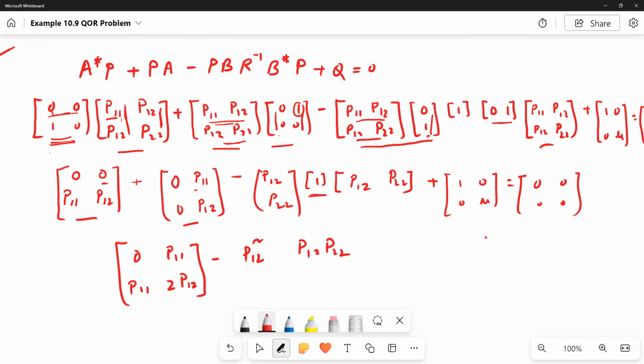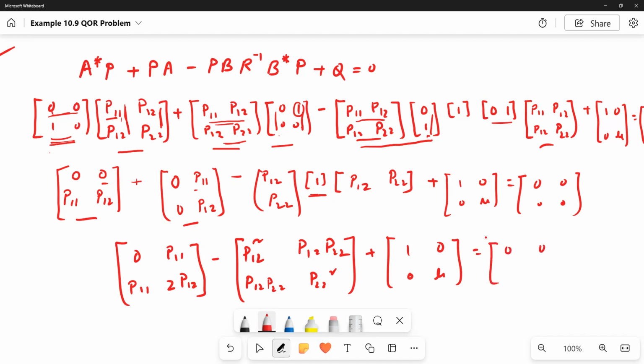Then you'll have the same because they become identical, P12, P22, and P22 square. With that, you have 1, 0, 0, mu. So all this will be simply added or subtracted, and then equated with the all 0 values.